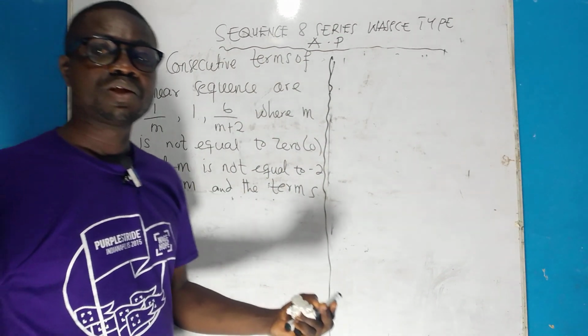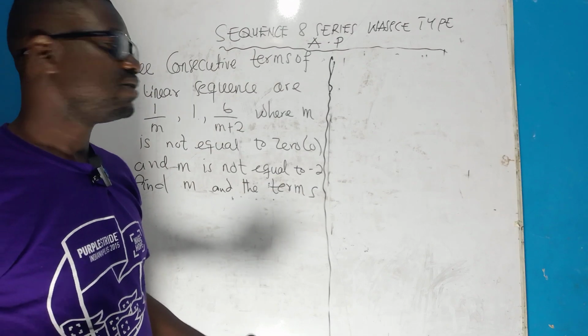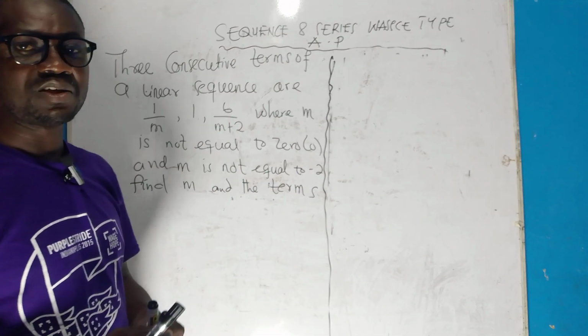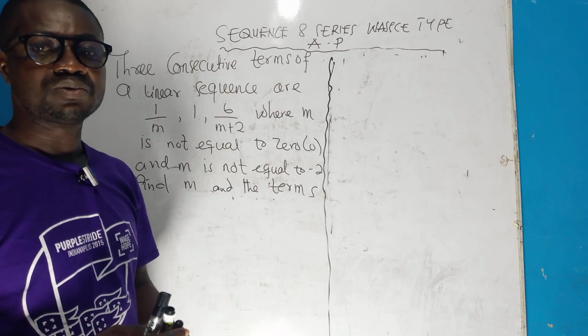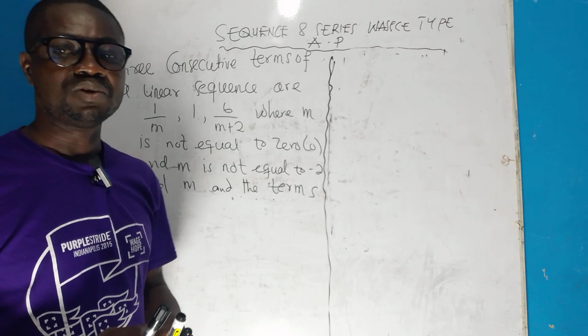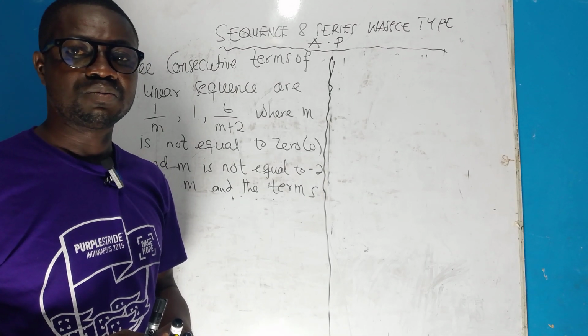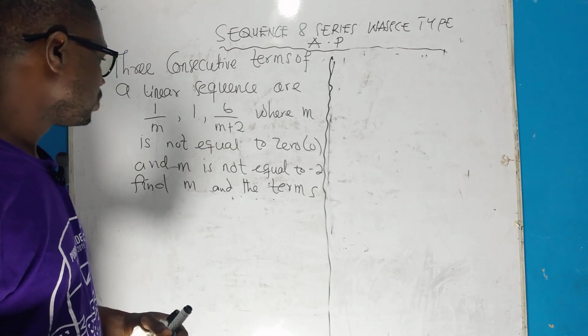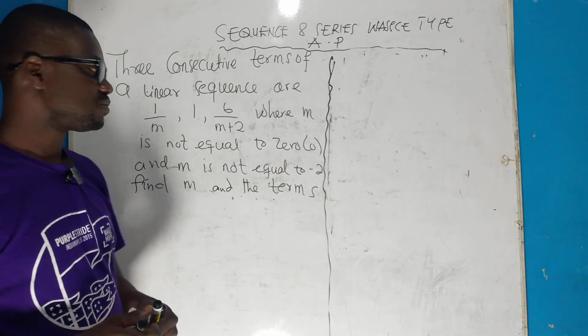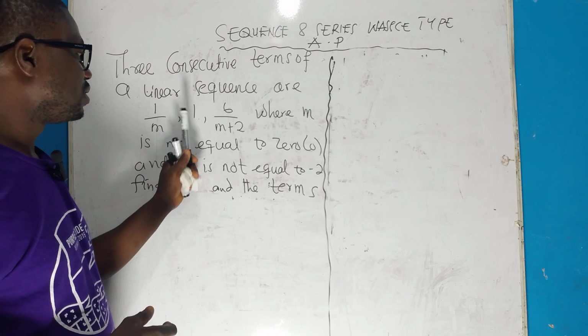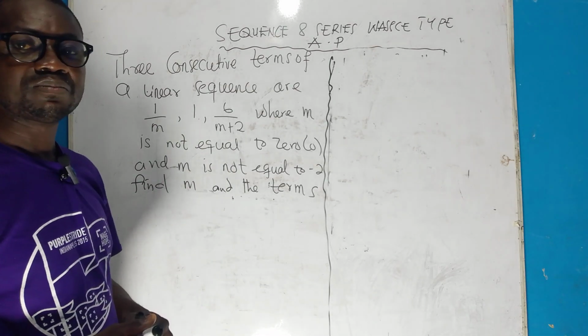So from here, I just want you to remember that if a sequence of this form is given with unknown variables, you just have to apply the golden rule. That is, the difference should be equal. Let's take the first term, the second term, and the third term.